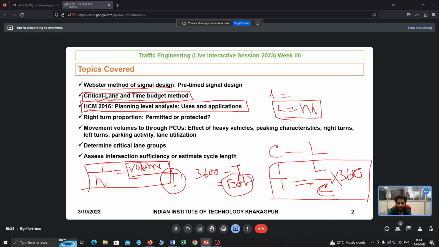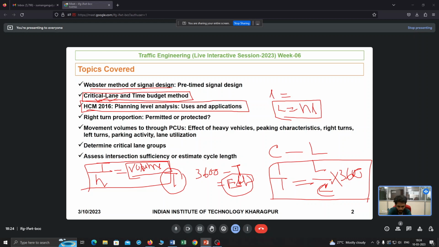So for a better calculation or better idea, we need to convert the volumes into PCU, so that a standardized unit can be designed. So already we know the concept of PCU. Because there are varying effects, you want to calculate the equivalent PCUs, right? We want to convert the normal traffic volumes into equivalent PCUs.